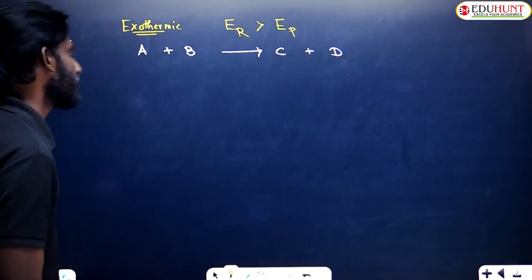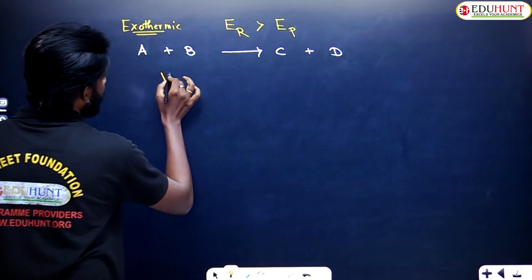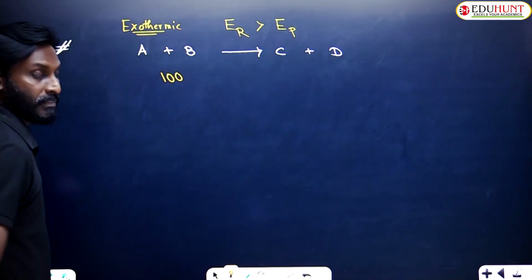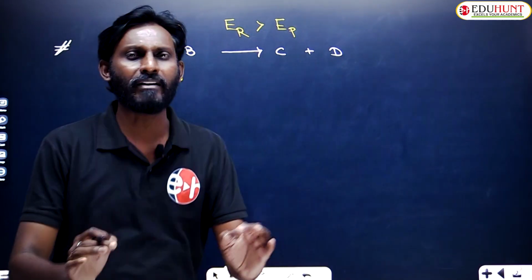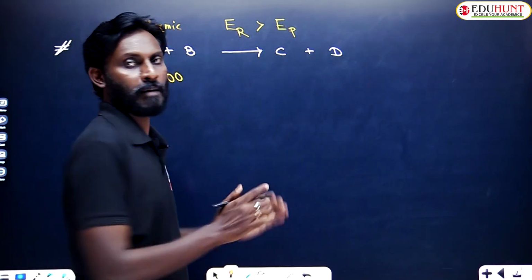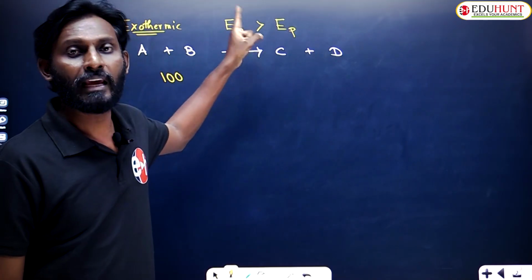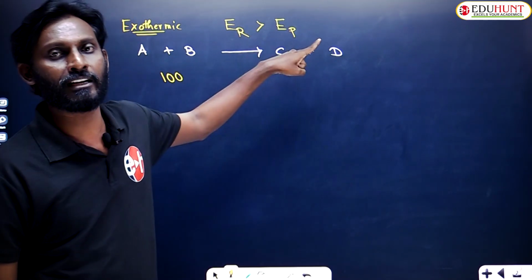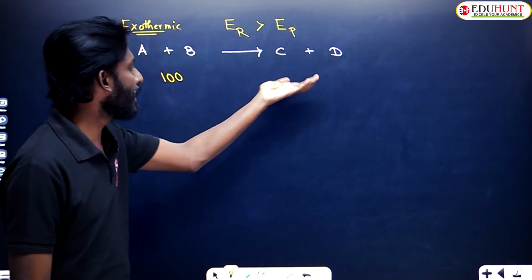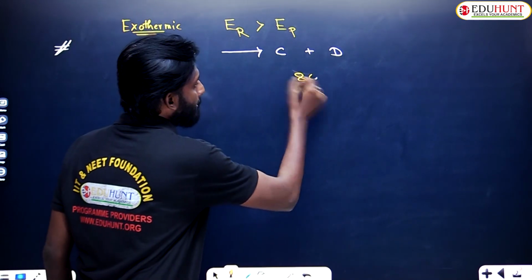Let's assume some normal dummy values. If the energy of the reactants is 100, and the energy of the products is somewhat less than that, because I have assumed the energy of the reactants is greater than the energy of the products, I am taking 80.